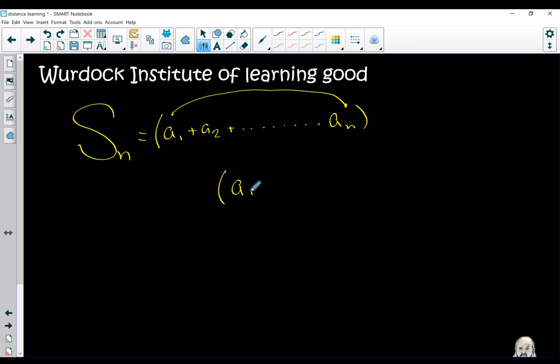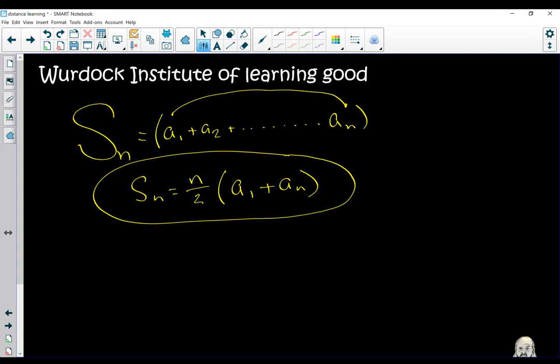The number of pairs we have on this list are half of the total things on the list. The total things is n, so we have half of that. That's where this expression comes from. So you'll see this. The sum of n things could be rewritten as n divided by 2 times the quantity a sub 1 plus a sub n. Specifically, I just want you to think to yourself like this. This is the first thing, which is easy. You put a 1 into your equation. And this is the last one. I can't tell you what number you're going to use because it depends. If you're finding the sum of 45 things, you put a 45 there.